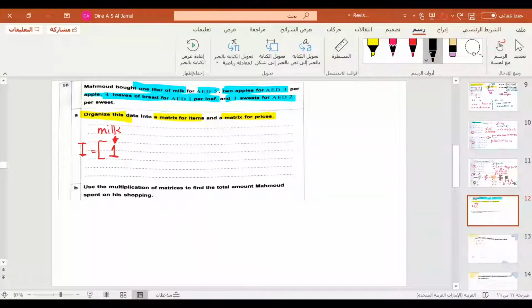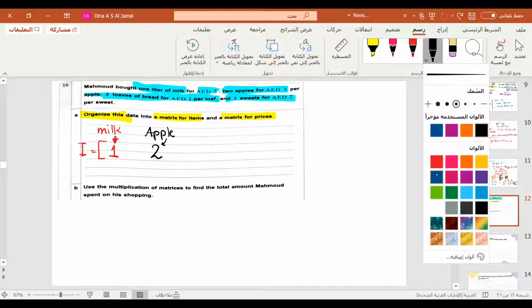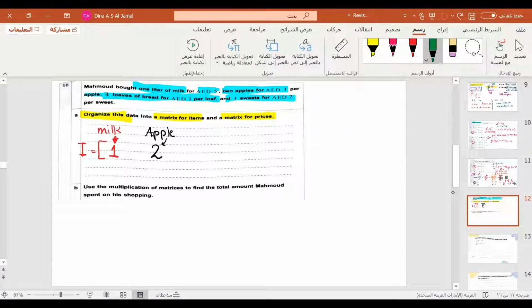Now, let's go to the apple. So this is the other item. 2 apples. So this is for the apple. Now let's think of this. What he bought already. The loaves.